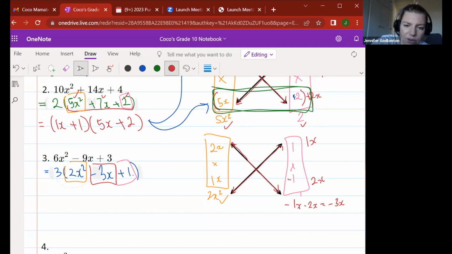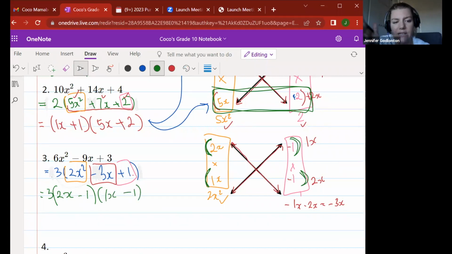So both of those are going to have to be negative over there. And then that's telling me what's going to be in my brackets. So that's bracket number 1. So my bracket number 1 is going to be, oh, can't leave off the x, 2x minus 1. And my bracket number 2, oh, sorry guys, my bracket number 2 is going to be 1x minus 1.